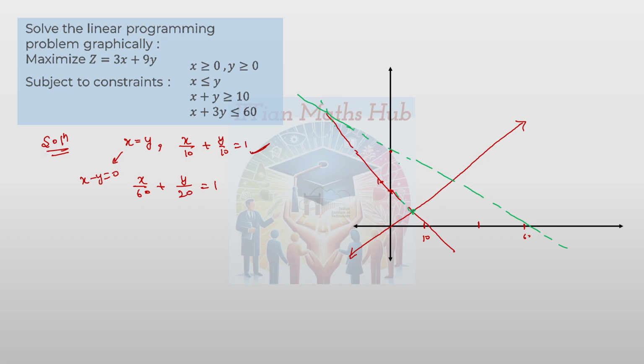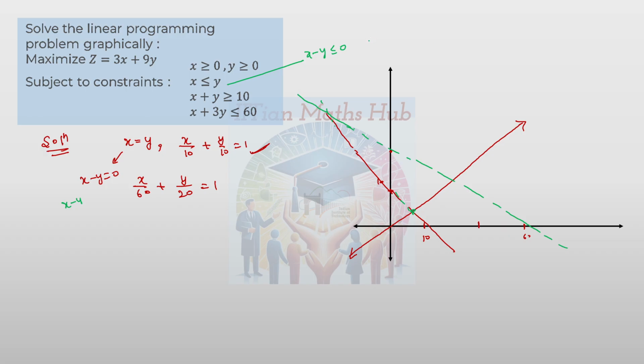So when you check the region, you can see x minus y is equal to 0, or x minus y is less than equal to 0. This one. If you check at 0 0, 0 0 does not work because the line is already passing through the origin. So rather we should take some random points above the line and below the line.